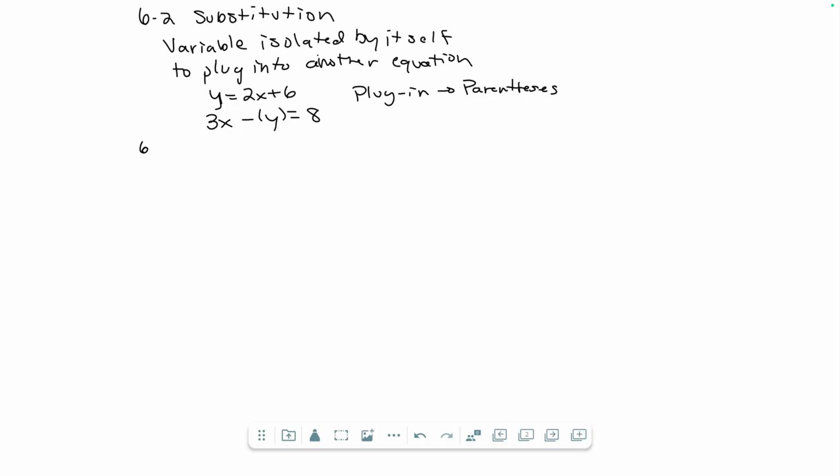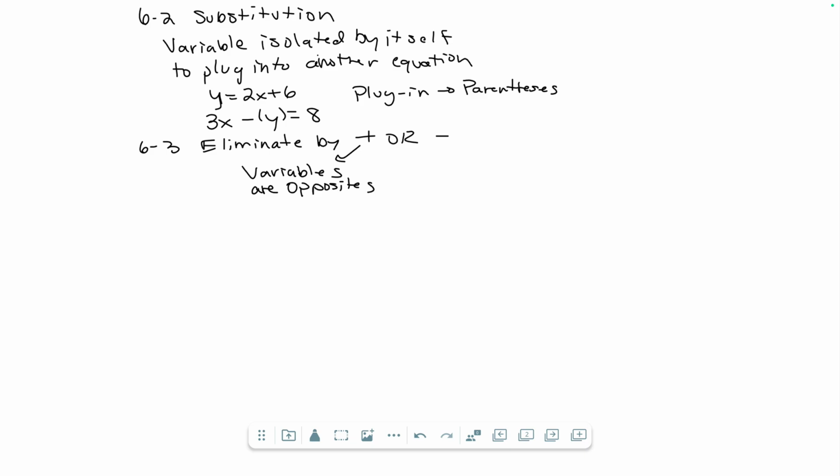6.3. Here, we eliminated variables by adding or subtracting. If we had adding, it would be like the variables are opposites.